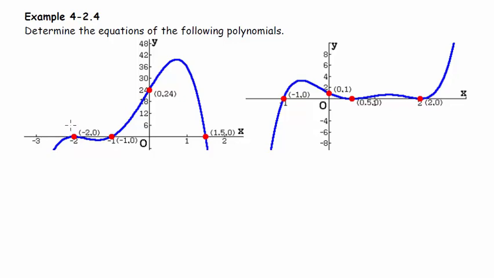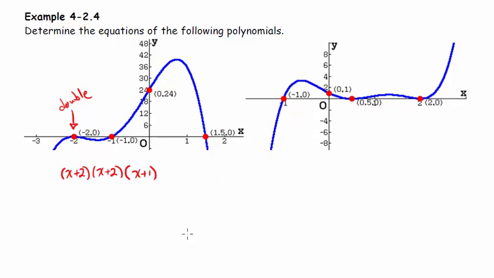So first, I have a double root at -2. So I'm going to have two factors. If my root is -2, the factor would be x plus 2. And I have two of them because this is a double root. Alright, then I'm going to have a factor of x plus 1 for my single root of -1.